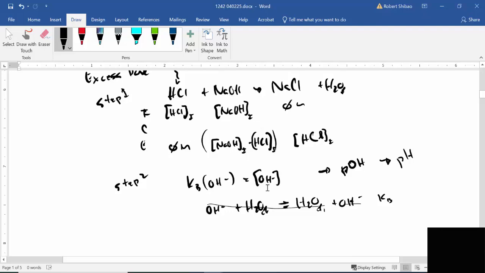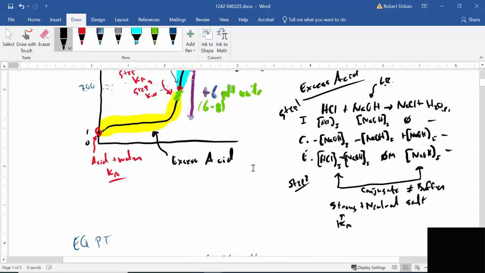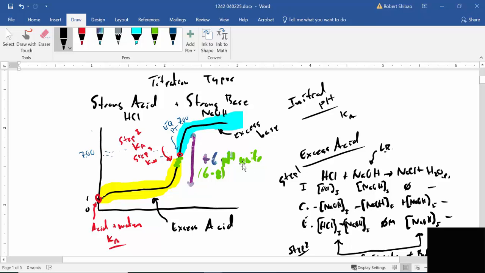So the sodium hydroxide is going to supply the hydroxide, especially when you get to high pHs, pH 9, 10, 11, 12. We get a lot of hydroxide from the excess base. However, if we're in this region, then we just have a minuscule amount of hydroxide.